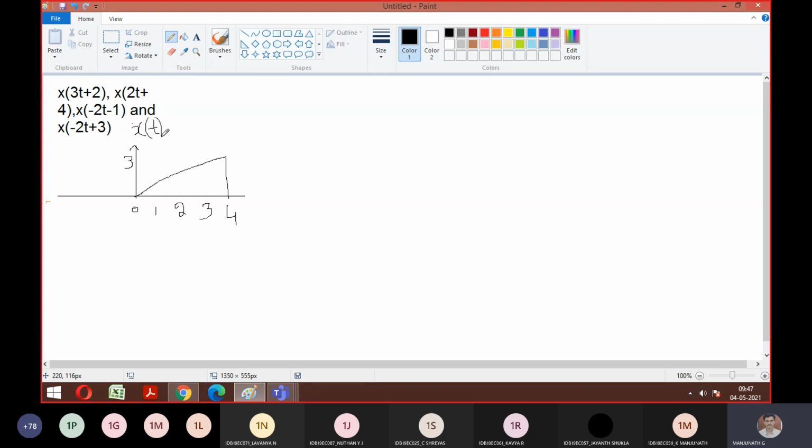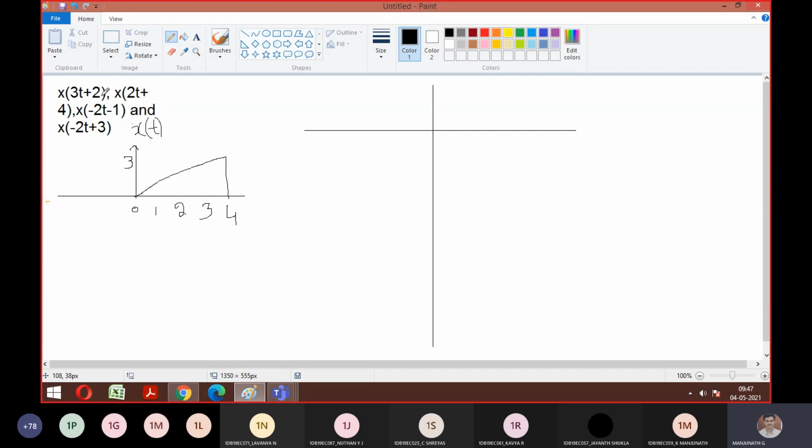Will you solve this? Yes, sir. Yeah, go ahead. Do one by one. Whenever they ask anything, you make a split-up in the sheet. Try to trace the first one, 3t plus 2.